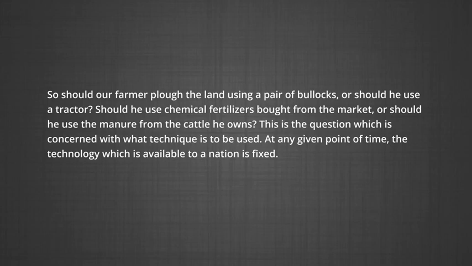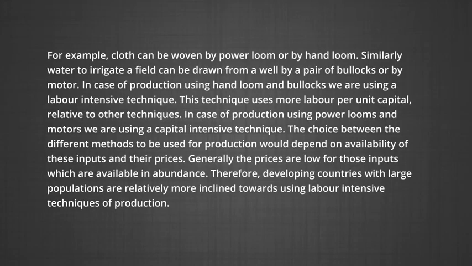At any given point of time, the technology that's available to a nation is fixed. Typically, we think of technology as a set of techniques. A technique, very simply put, is the ratio in which inputs are combined to get an output. For example, cloth may be woven by a power loom or by a hand loom.